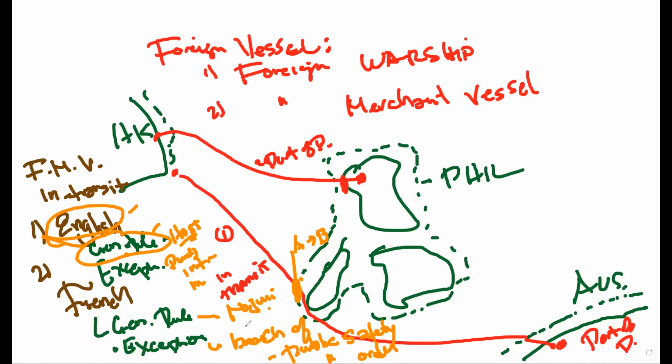So we have jurisdiction to try the crime, applying the exception to the French rule. So whether it's the English rule or the French rule, we will arrive at the same conclusion, except that in the English rule we have jurisdiction because we are applying its general rule. Applying the French rule, we have jurisdiction, but because of the exception provided therein.